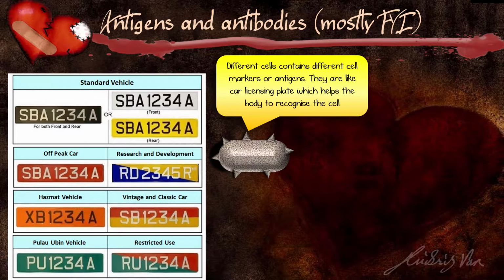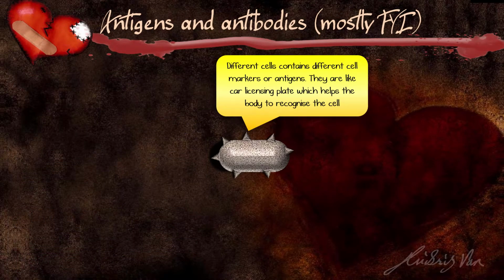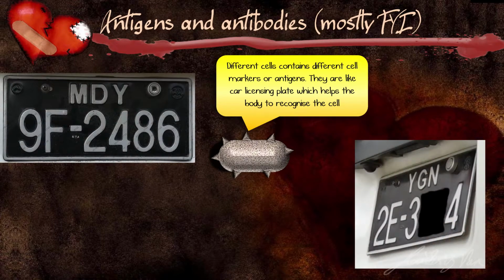They will explain to you how they can tell the country of origin of the car just by looking at the letters. In other countries, cars from different provinces will also have licensing plates with unique letter combinations to help the people or the traffic police identify where the car originated from.